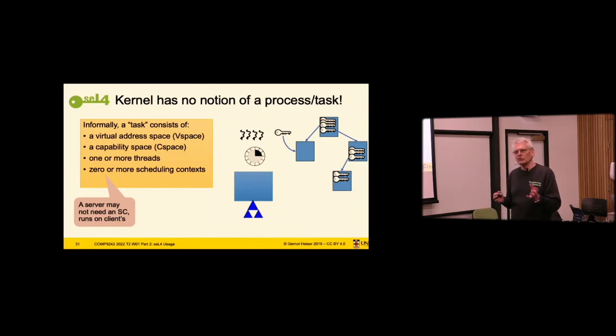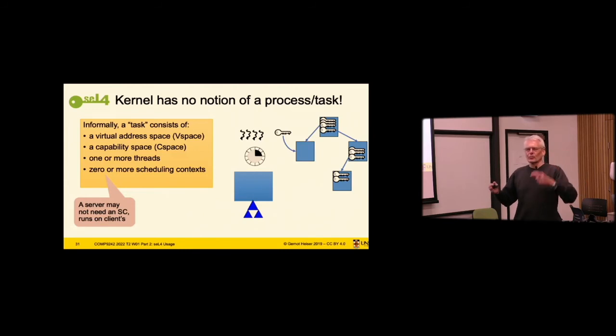That's a really nice feature, because you automatically account the server time correctly against the client. So the server is not runnable, but when it's passed the scheduling context, it is runnable for a moment, and then it's not again. Exactly. Obviously, you need a scheduling context to get the server set up in the first place.